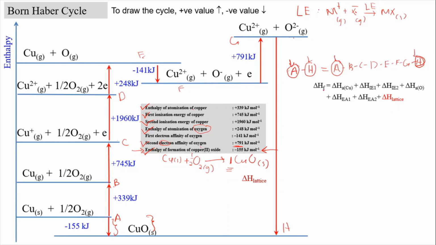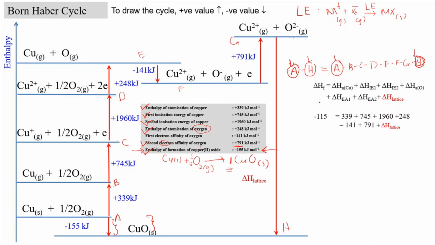All right. So delta H formation is equal to enthalpy of atomization of copper plus ionization energy 1 plus ionization energy 2 plus atomization energy of the oxygen, electron affinity 1 and electron affinity 2 for the oxygen, as well as the lattice enthalpy here.